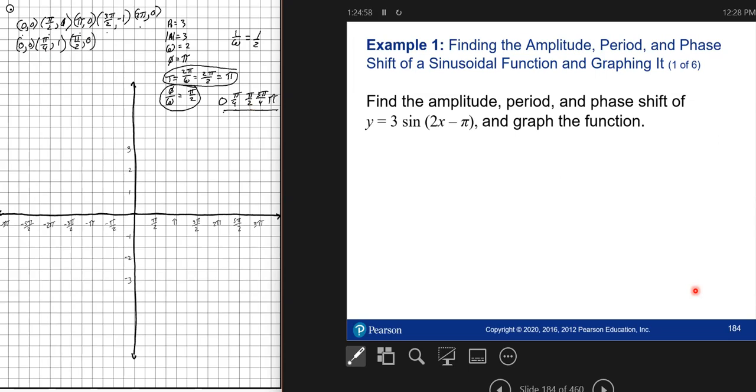And the y values haven't changed yet. 3 pi over 2 became 3 pi over 4, and still paired with negative 1. And then the 2 pi became pi. Because when I multiply 0 by 2, I get that. And I multiply pi over 4 by 2, I get pi halves. I multiply pi halves by 2, I get pi. So that's how that all works.